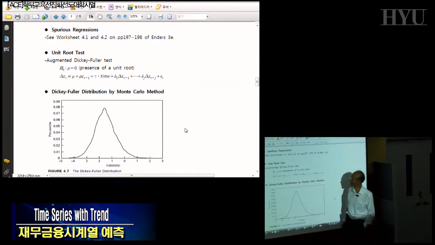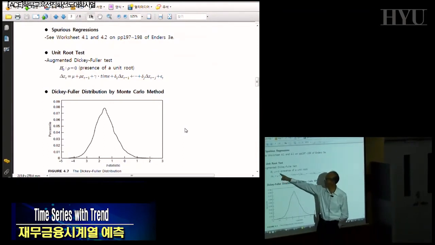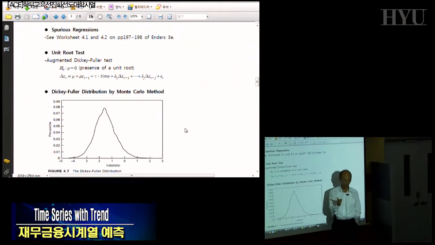Okay. So we run this model and see whether rho is 0. We apply the least squares method. This is the data, known time, and data, right? So estimate this equation using least squares and get the estimate. When you get the estimate, calculate the usual standard deviation and t statistic.